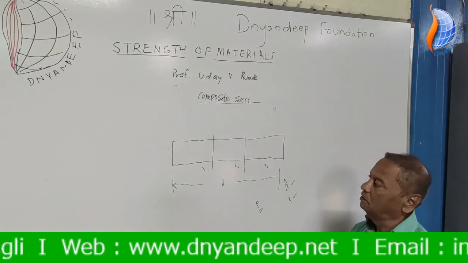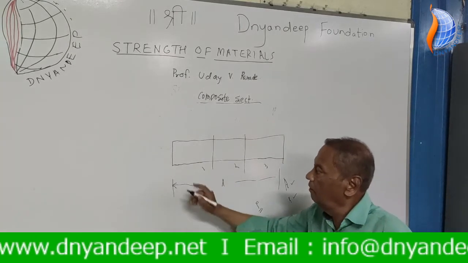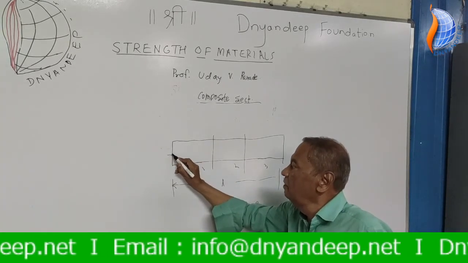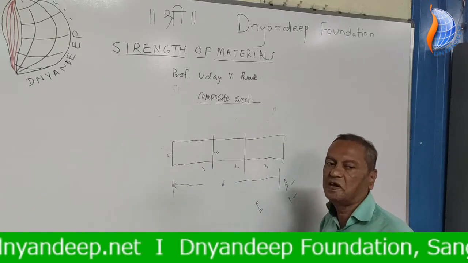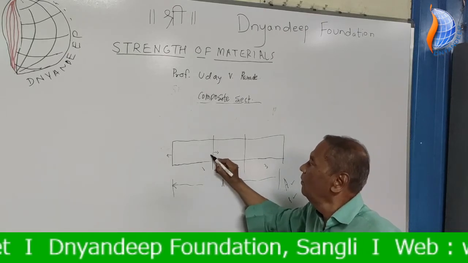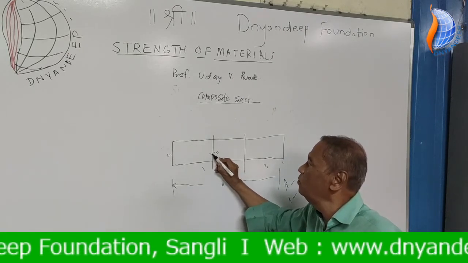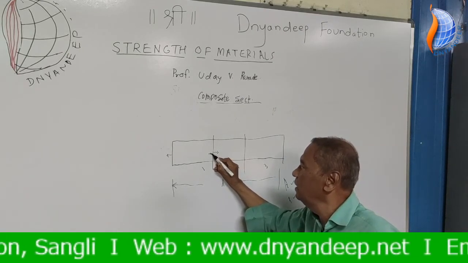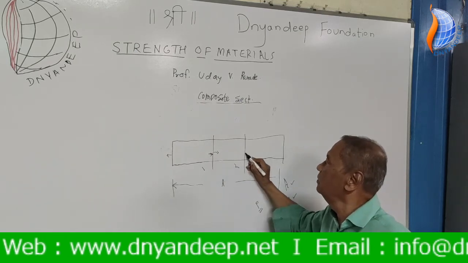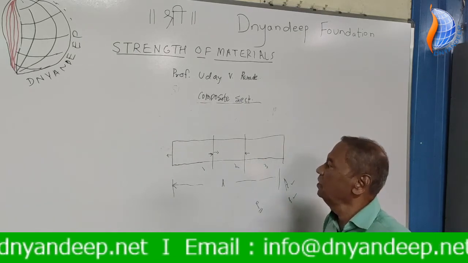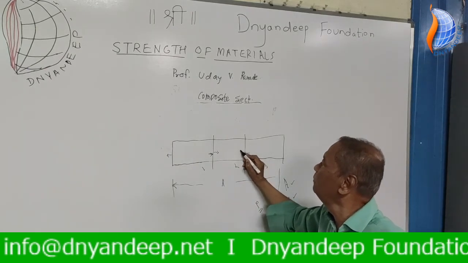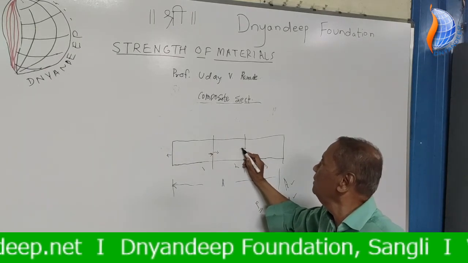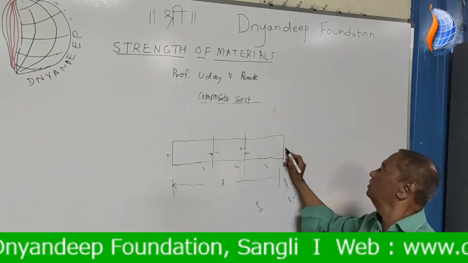To give example, for part 1 there is a tensile force. For part 2, for example, there is a compressive force. Actually in numerical you will understand. And for part 3, for example, again there is a tensile force.